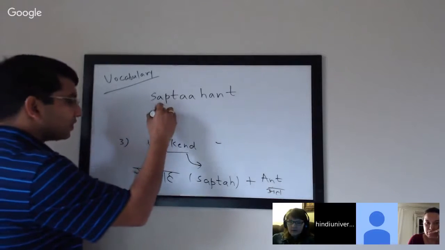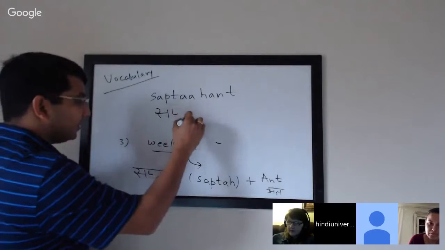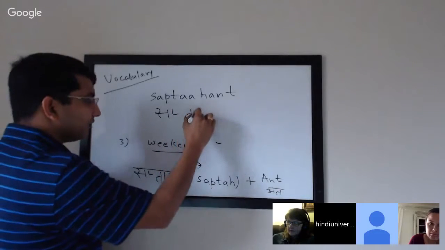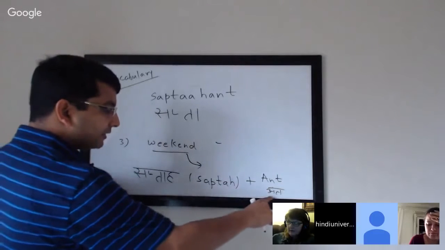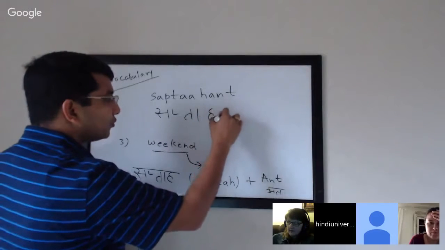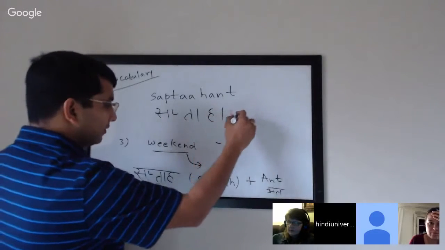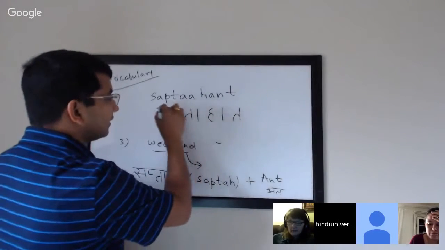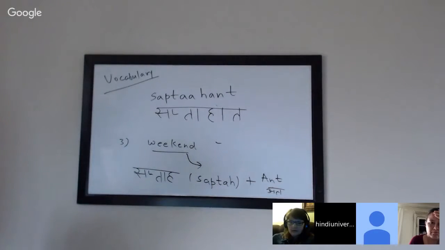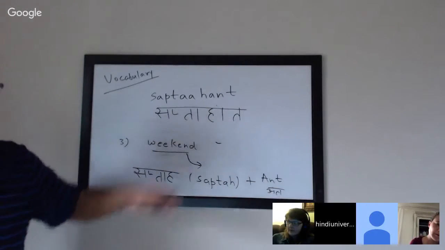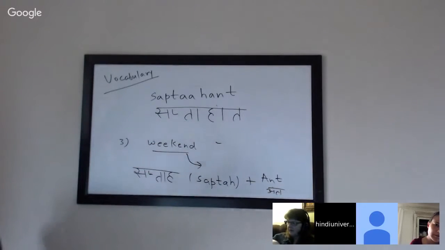The way you write it is sir and then half per, and then you already have ta, which is fine. But whenever you're using her with a sound, it will become an r sound. Then you put that at the end, and there's a nasalized sound already there. So saptahant. Read it after me. Saptahant.